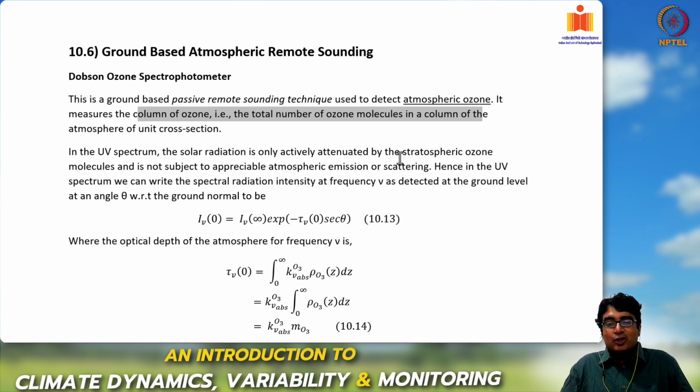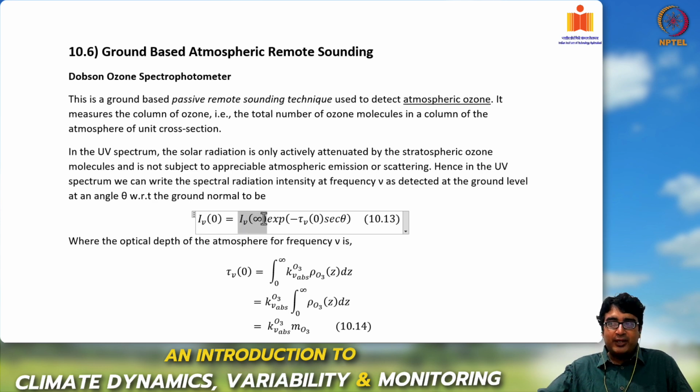Hence, in the UV spectrum, we can write the spectral radiation intensity at a certain UV radiation band frequency nu, as detected at the ground level at an angle theta, I nu 0, to be equal to the spectral radiation intensity at the top of the atmosphere, I nu infinity, of radiation of that frequency nu, times the attenuation amount, which is exponential of minus the optical depth of the atmosphere for that frequency, tau nu 0, times sec theta.